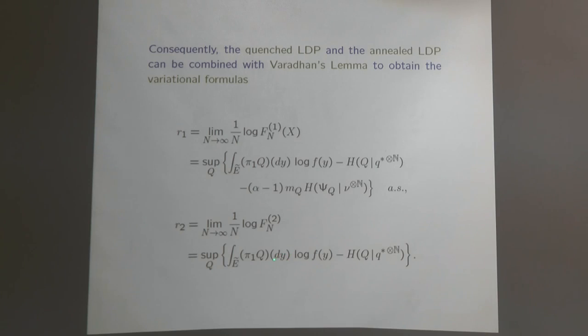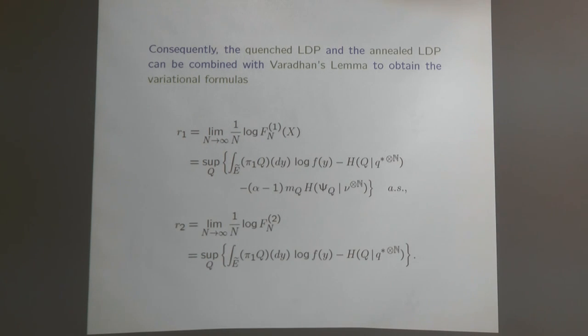And so this whole thing is equal to the supremum over all distributions over a single word of the integral of the distribution of that single word log f minus the relative entropy of that single word with respect to a single Q. And that reduction is something coming from ergodic theory.